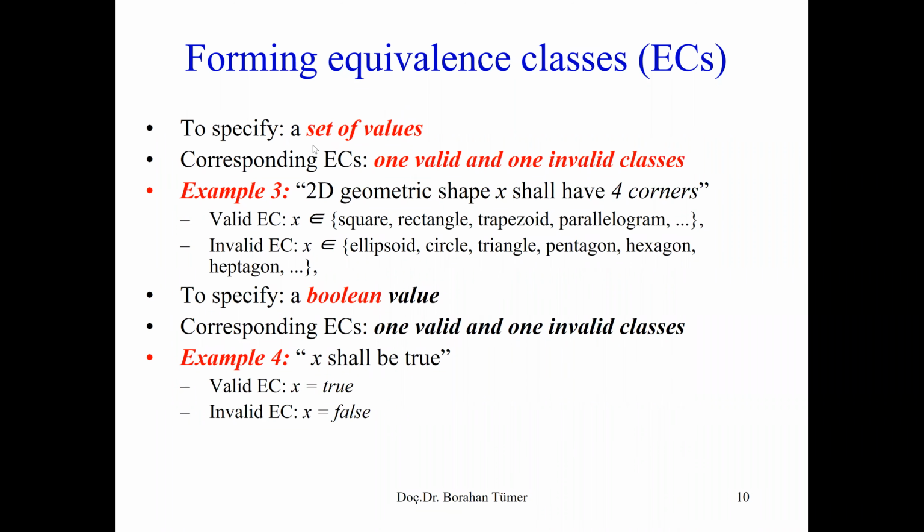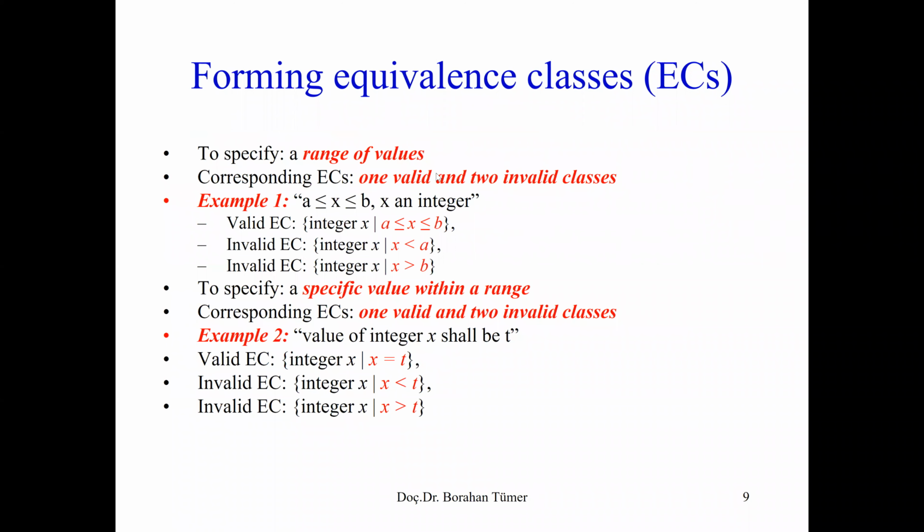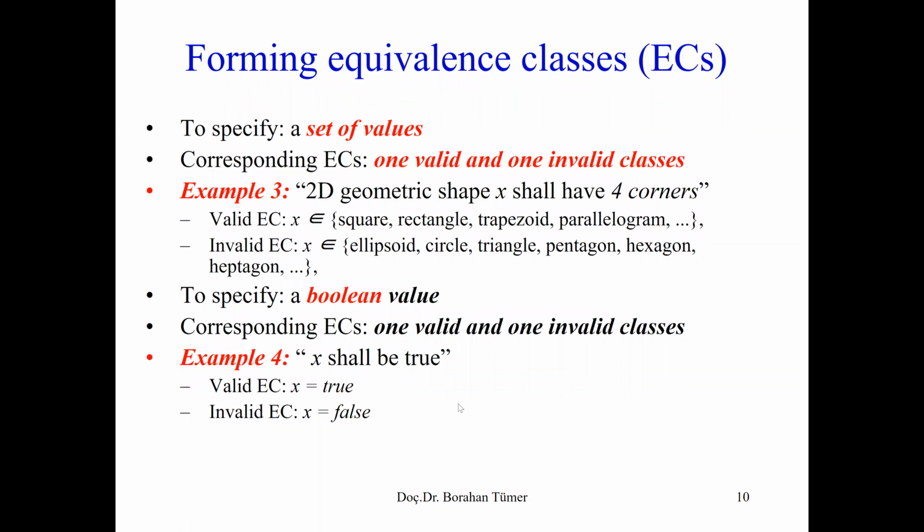Well, we continue with how we form equivalence classes. We want to form an equivalence class for a set of values now. Do you understand what we're trying to do?